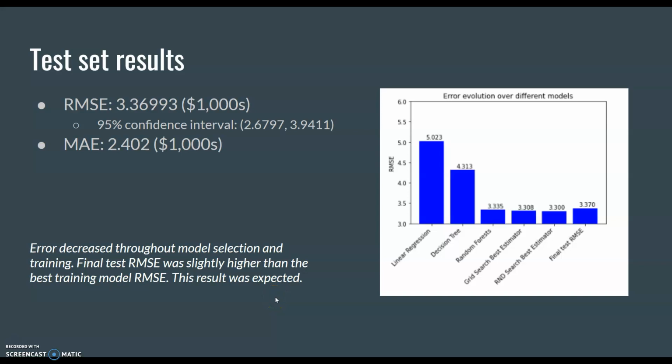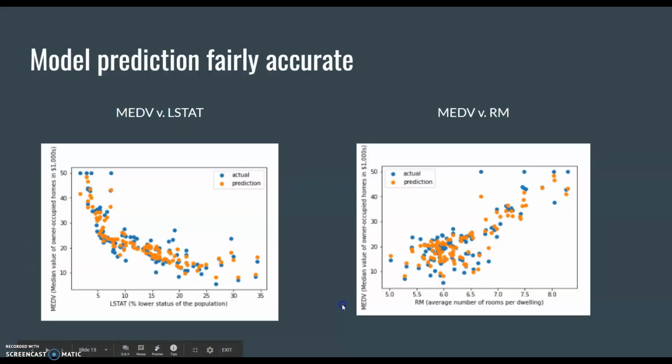So we can be relatively confident that our model was adequate for explaining this. And then step seven, just presenting the model. So I decided to graph the two best explanatory variables, which were LSTAT and RM.